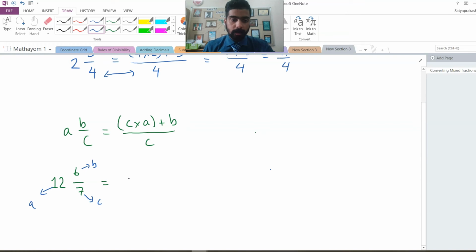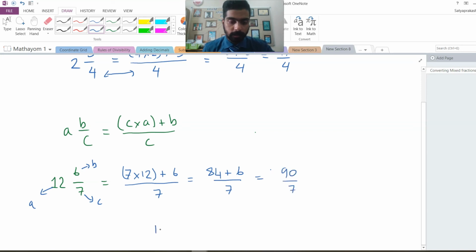Following the formula, we would have 7 times 12 plus 6 over 7. Now 7 times 12 would give us 84 plus 6 over 7. Therefore, the answer would give us 90 over 7. In other words, 12 and 6/7, we can write it as 90 over 7.